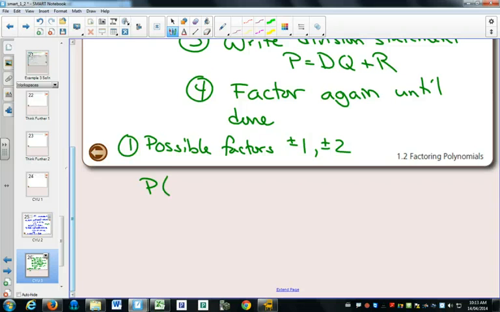Which one do you want to try first? 1, -1, -1.